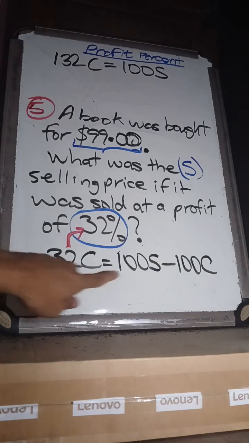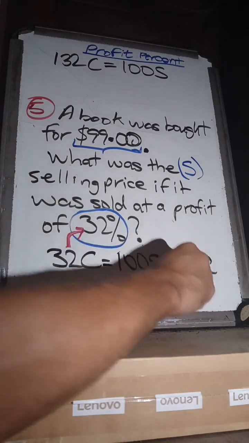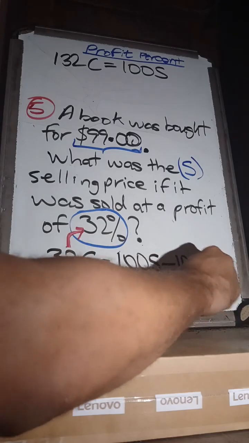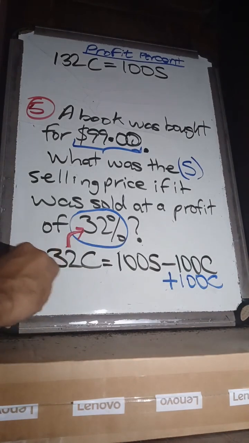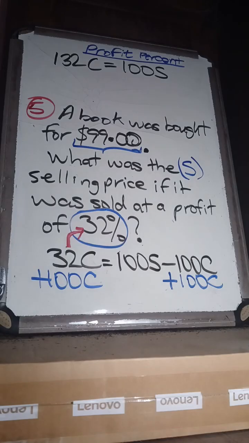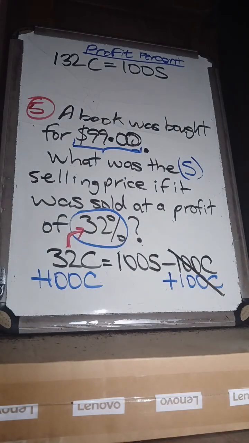Now how we went from this to what we have up here is that we are going to add 100C to the right and 100C to the left. So when this happens, 100C plus the 32C gives us that up here.